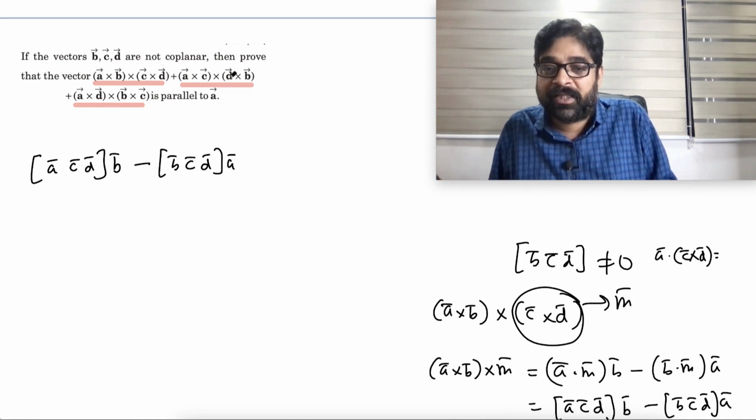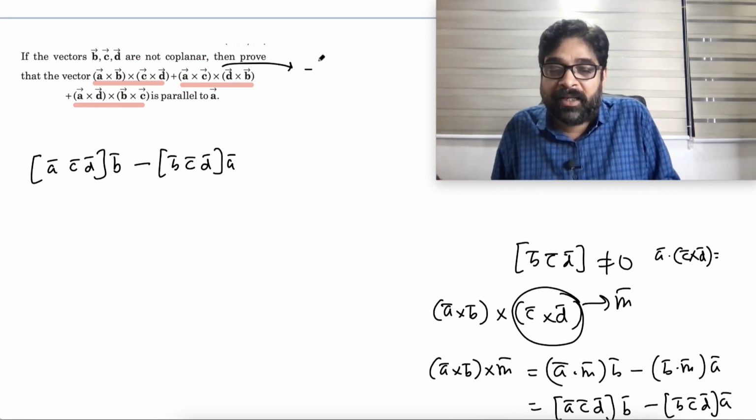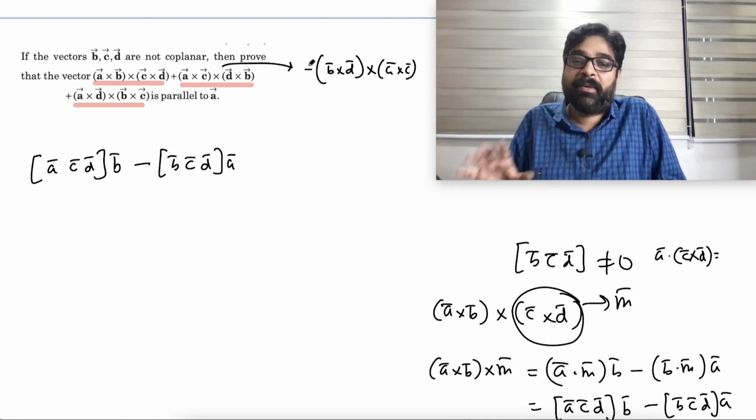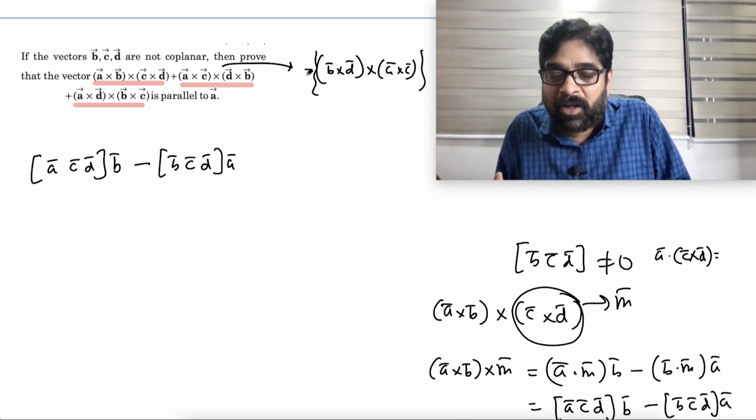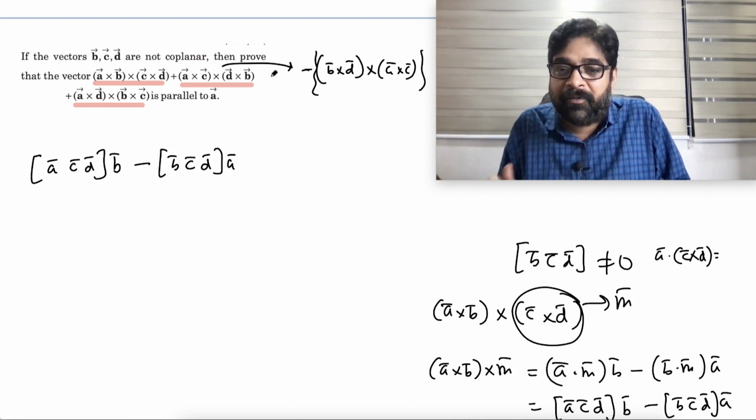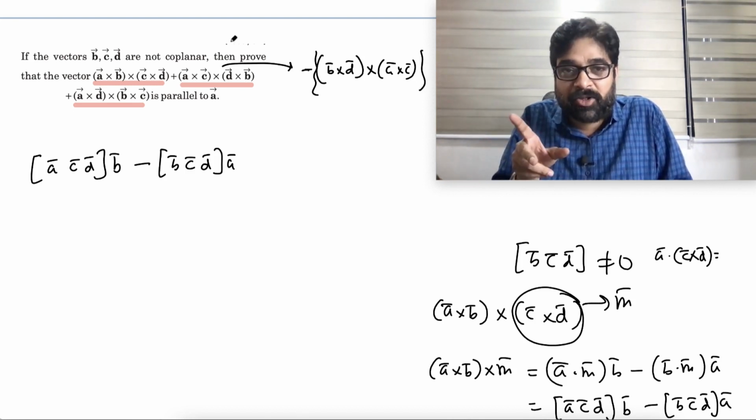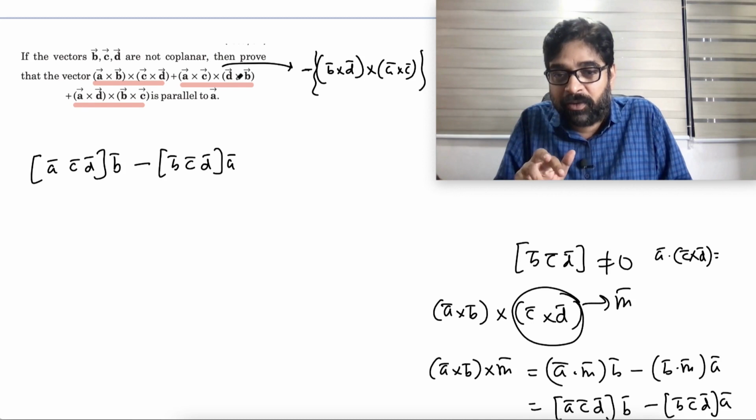Reverse means this I can write as minus of B cross D cross A cross C. All of you understood? Whenever this minus total. Why, sir? Because if you take reverse, A cross B equals minus of B cross A. So that's why I change it.